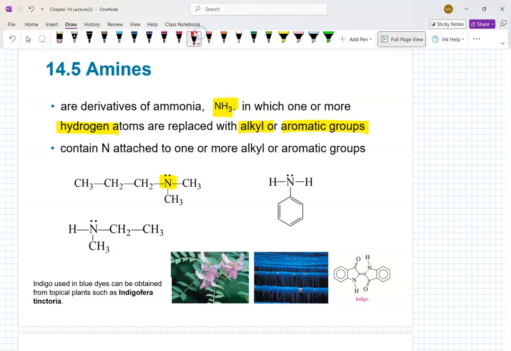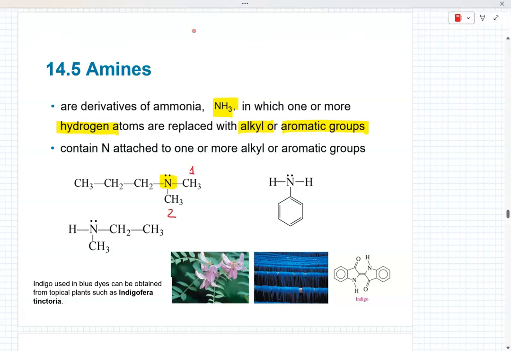It has 2 methyl groups and 1 propyl group. Okay? Dimethyl propyl amine. This one has only 2 substituents, ethyl and methyl. So ethyl methyl amine. Okay?